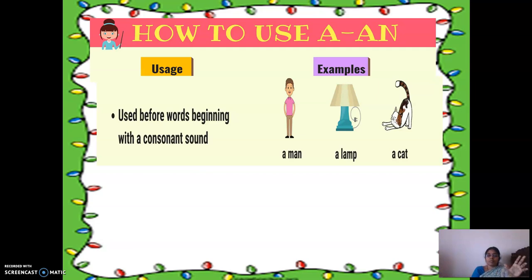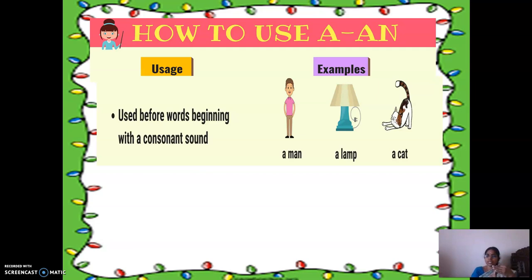So what are vowels? Exactly, A, E, I, O, U. What are consonant? Apart from these 5 letters, all other letters are all consonant.